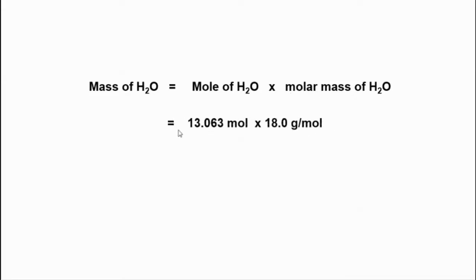So moles of water, 13.063 moles, times 18 grams per mole, which is the molar mass of water, and you are going to get 235.1 grams of water. This is the answer for this question.